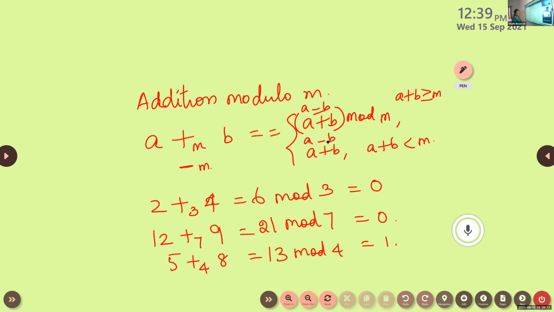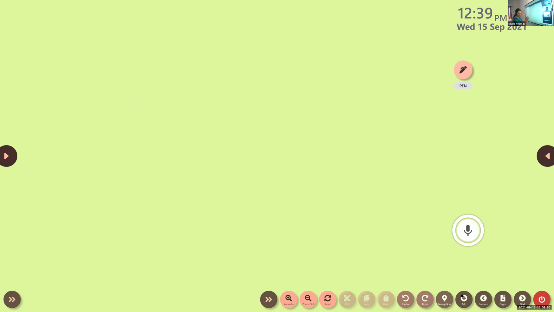Okay, let us do one question now. Write the question. A is equal to 17, B is equal to 13, m is equal to 3. Find A minus_m B. A is 17, B is 13, m is 3.